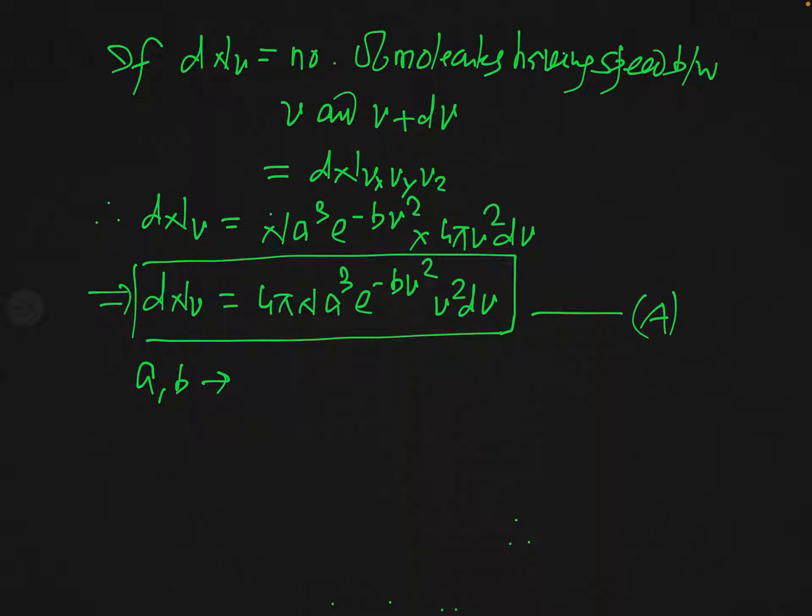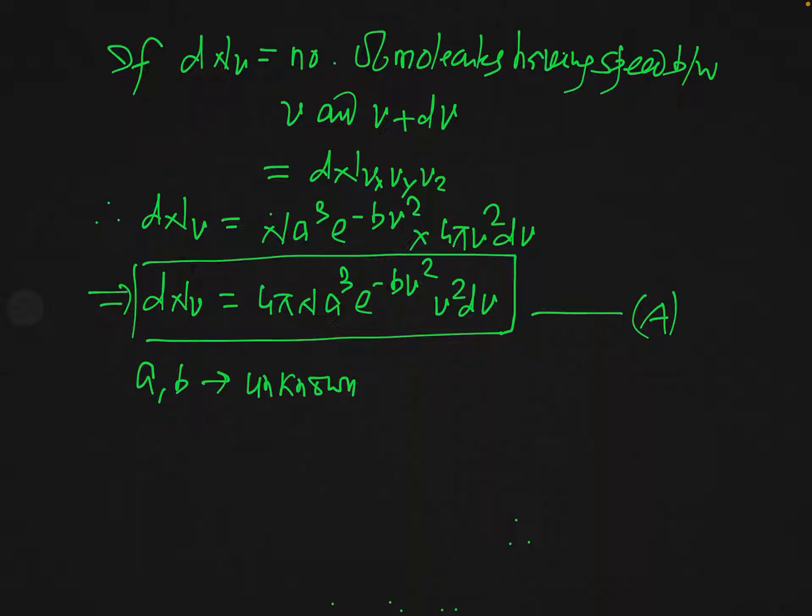These are constants but unknown. You will see that these constants are actually temperature dependent, but at a given temperature these are constants, and till now we do not know the values of a and b.